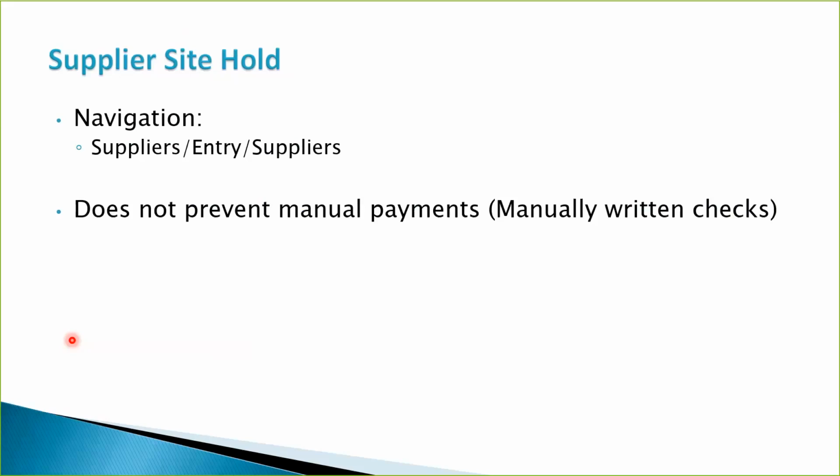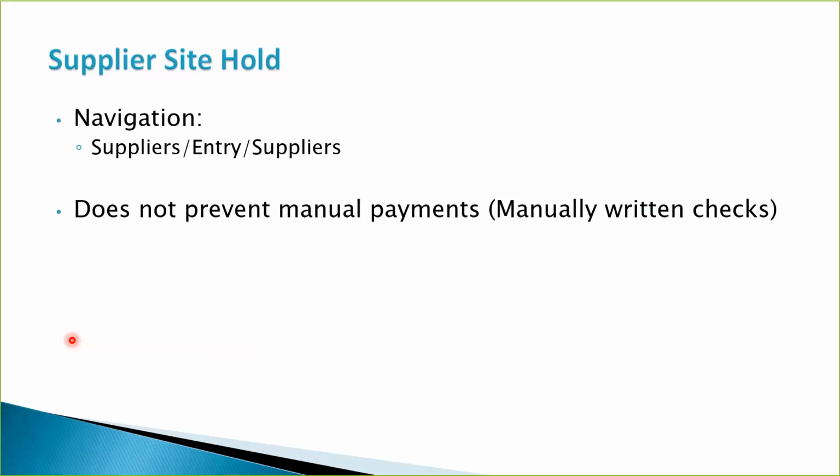When you select the manual payment option here, then you're telling the system that you won't be printing the check from the printer, but rather you're writing it, and here you're just recording the fact that this payment is being done against this invoice.